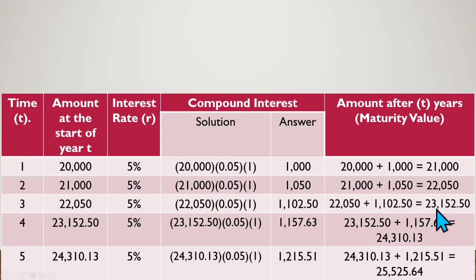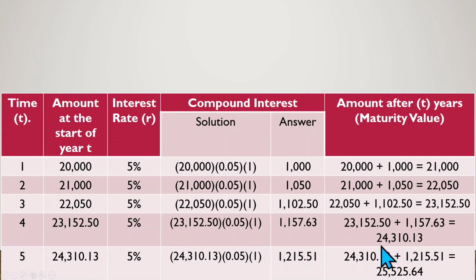So this 23,152 pesos and 50 cents will be the principal on the fourth year of the term. And then, again, you're going to multiply the new principal value by the rate, which is the 5%, times 1. And then we get an interest of 1,157.63.